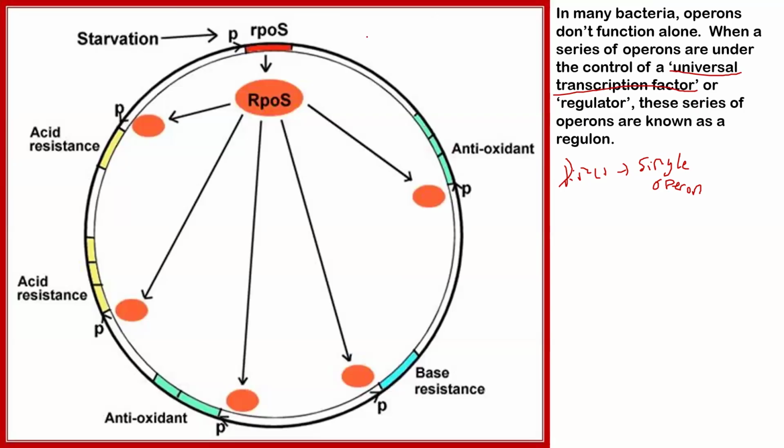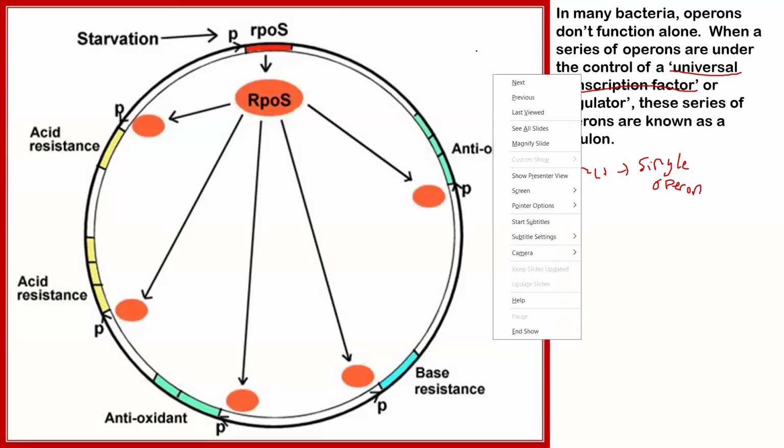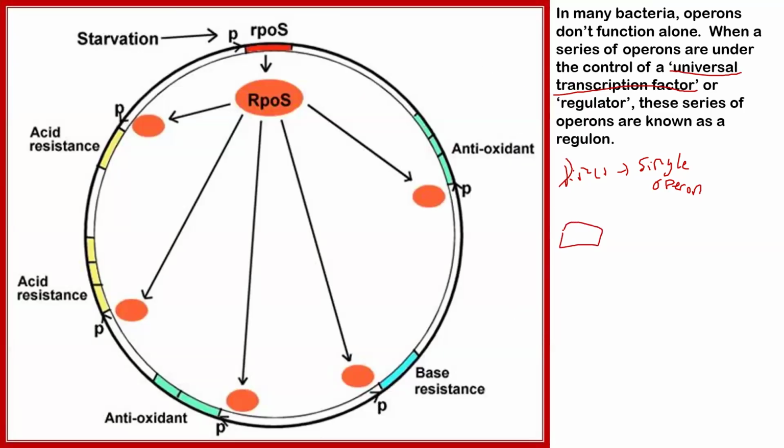So in some cases, we could have a gene set here, and then a gene set here, and a gene set here, and if all of these operons are upregulated in the same way and downregulated in the same way, we call this collection of genes a regulon.